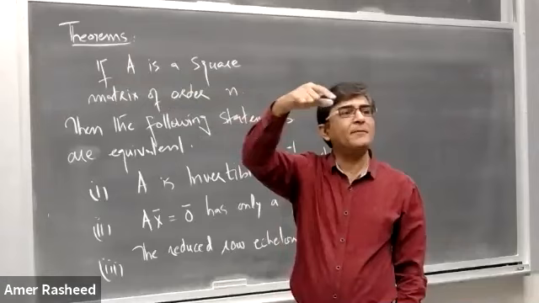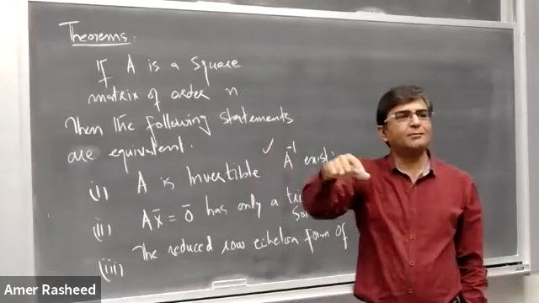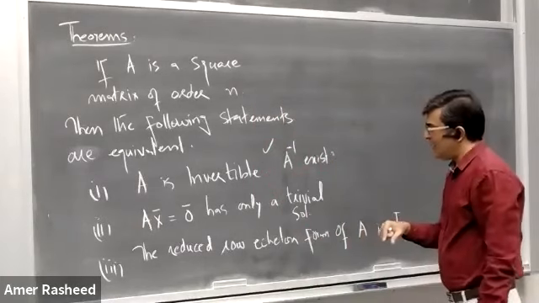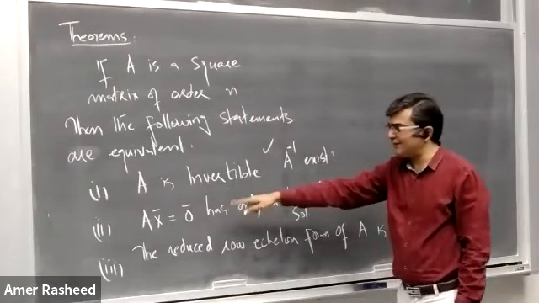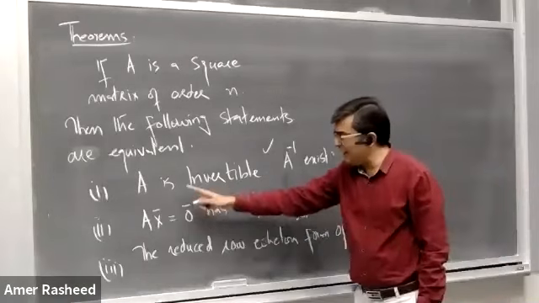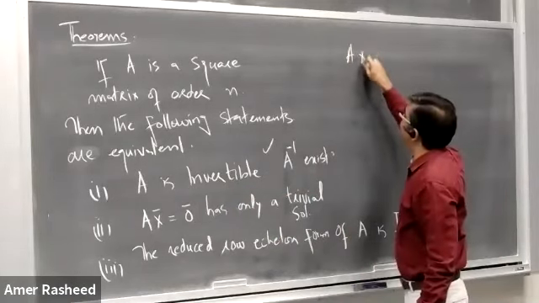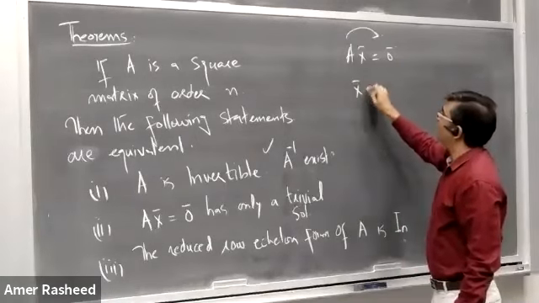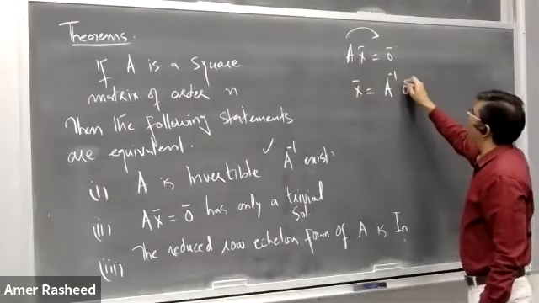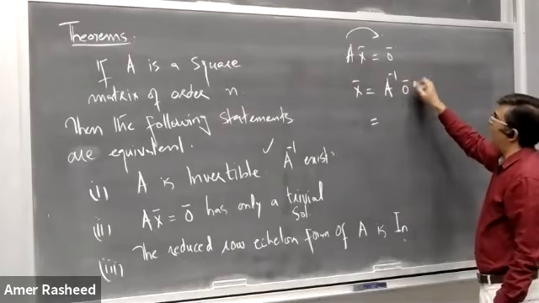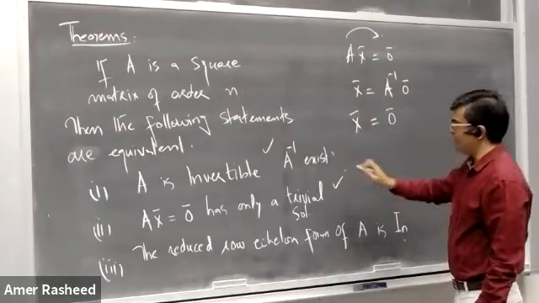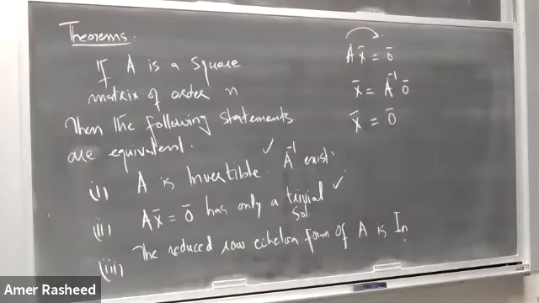The given matrix A was invertible, so that matrix has been converted into the identity matrix of order 3. And if A is invertible, then when we take this matrix on the other side, we get A inverse times 0. Anything multiplied by a zero vector must be a zero vector. So this statement is again true.